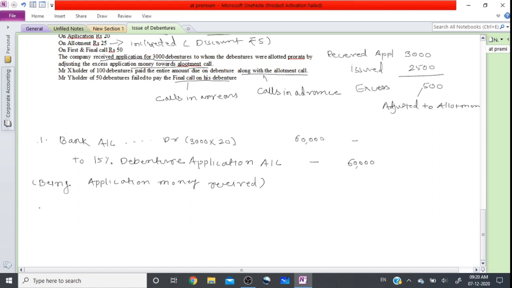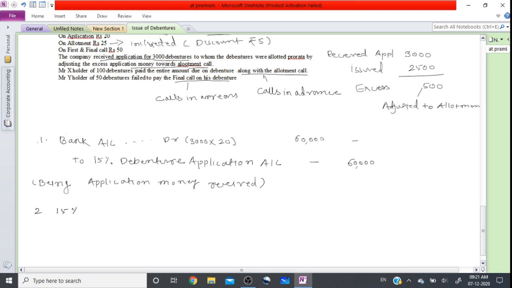Next, transferring the application money to debenture account. And whatever excess application money is there, that we have to adjust it towards allotment account. So we have to pass a combined entry.